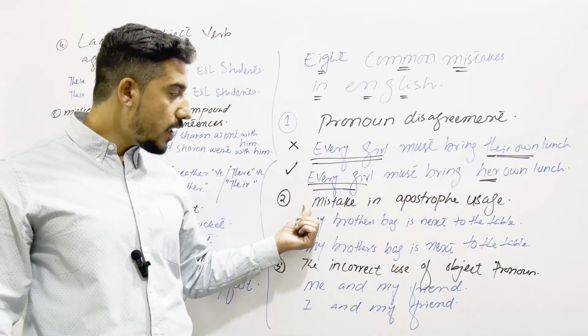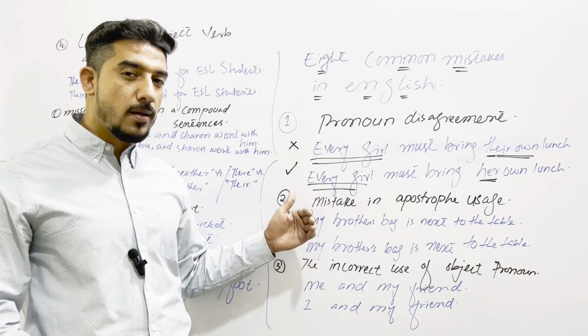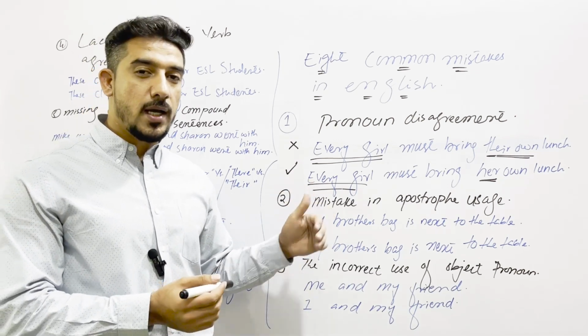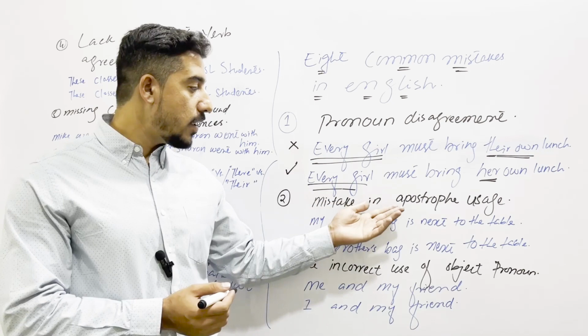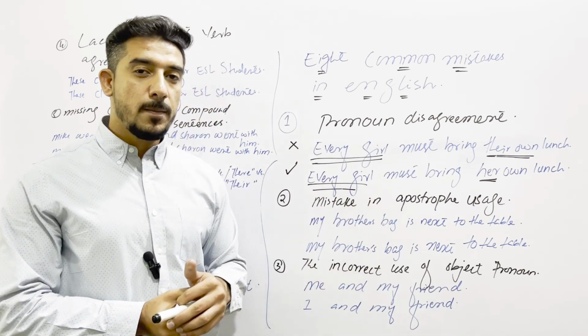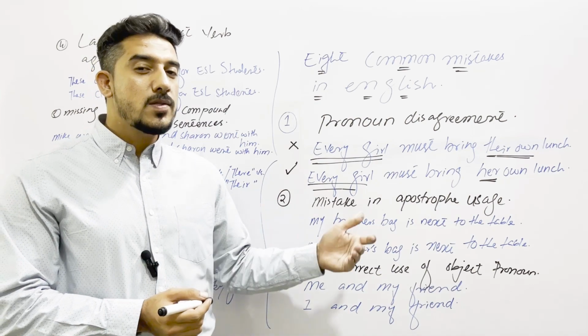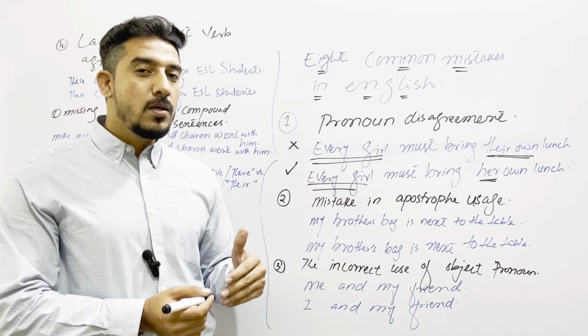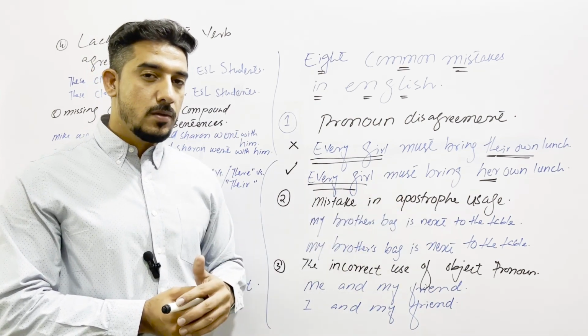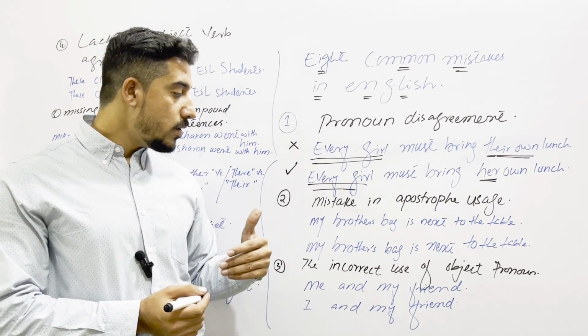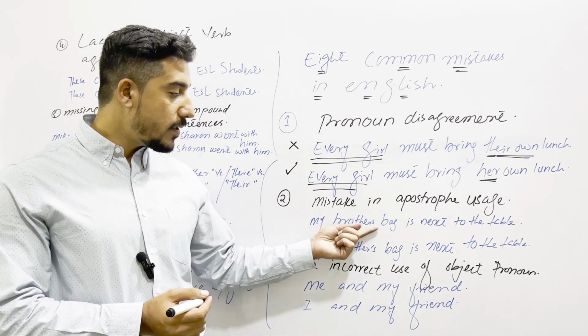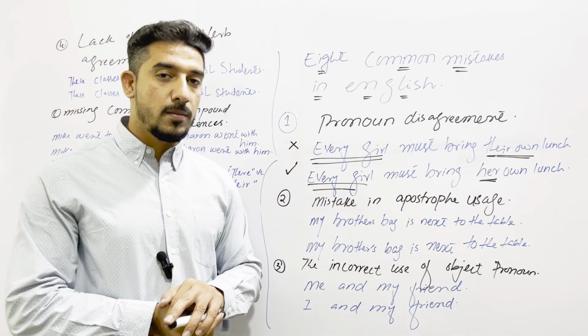The next mistake that we are committing in our English, our daily life, that is the mistake in apostrophe. Sometimes we are not using apostrophe where it needs to be used. For example, my brother's bag is next to the table.